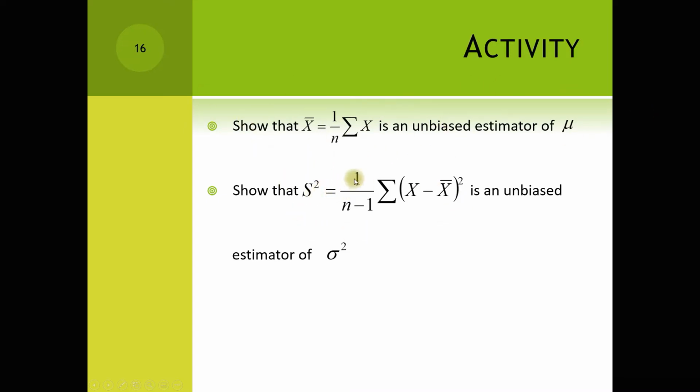Show that s squared, equal to 1 upon n minus 1 sum of x minus x bar squared, is an unbiased estimate of sigma squared. So we're going to do that in a moment, but we'll take it last. But note something here. You are not dividing by n, but dividing by n minus 1. Why is it so? We'll get back to that in a moment later on.